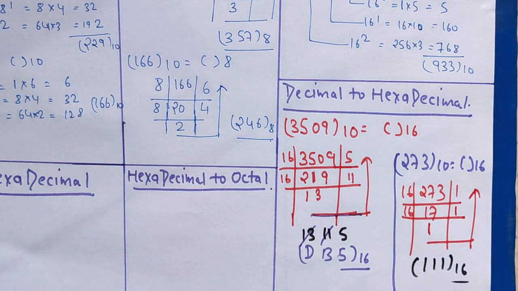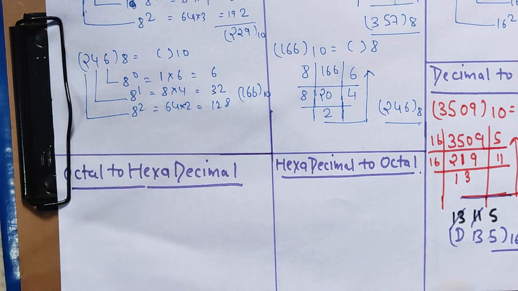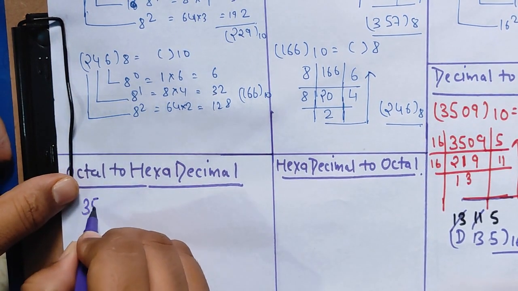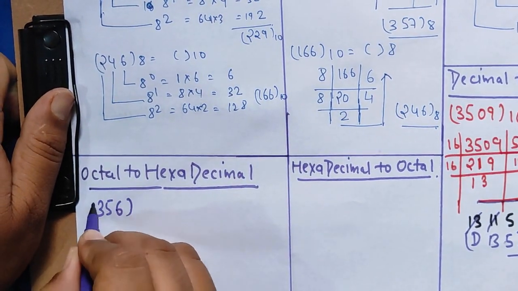Okay, so now our last two conversions are octal to hexadecimal. Okay, so let us suppose I take one example here. My example is 3, 5 and 6.